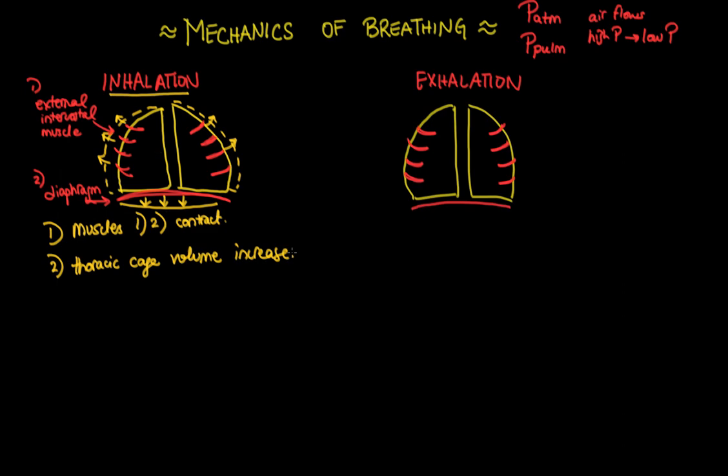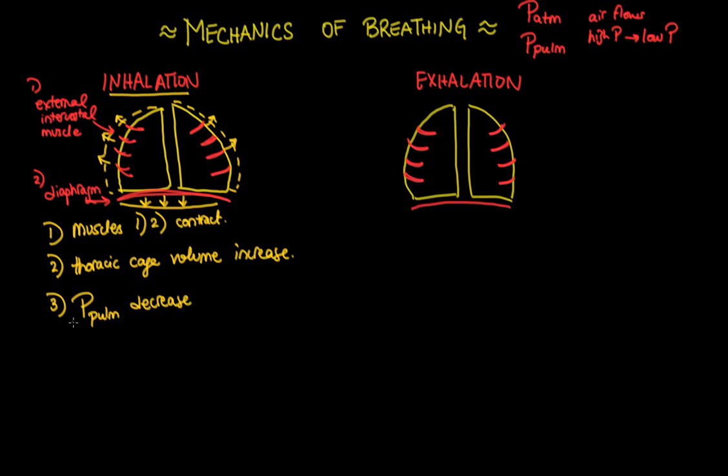And so when the volume increases, the pressure of the air particles are going to decrease. Okay? Because with a larger space, air particles are now more relaxed, so pressure is going to drop. So as a result of this increase in thoracic cage, hence pulmonary volume or lung volume, pressure of the lungs, P pulmonary, is going to decrease.